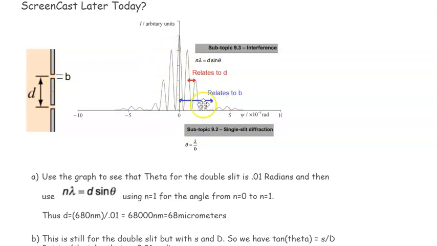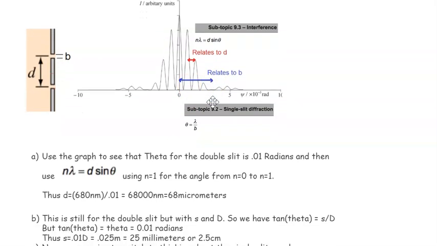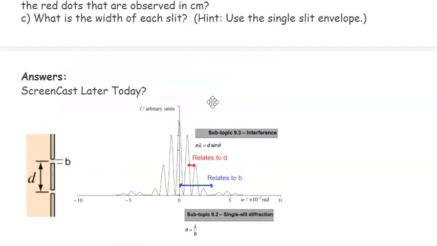The single slit envelope obviously is bigger than the double slit little fringes. And I say obvious, but that's obvious if you had seen the other screencast. So if that wasn't obvious to you, you might watch that other screencast again, which is linked in the problems of the day.